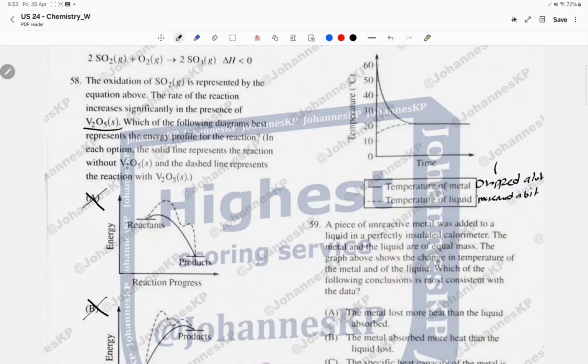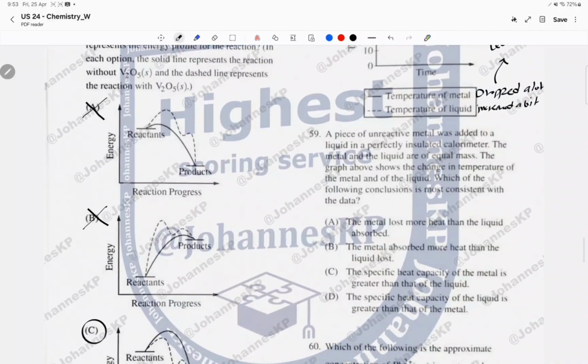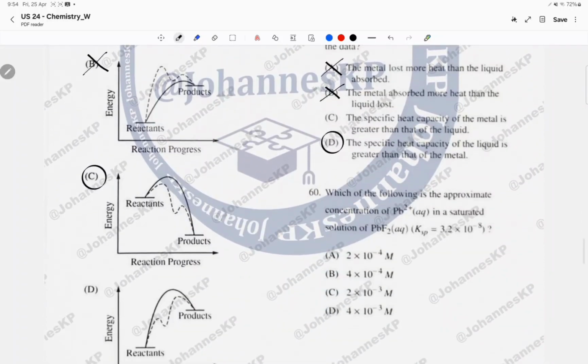Since the metal's temperature dropped a lot, it has to have the less specific heat capacity. Now they would exchange the same amount of heat, basically, because of the conservation of energy. So it's not A. It's not B. The metal's C has to be less, that's why it dropped in temperature more. So choice D.